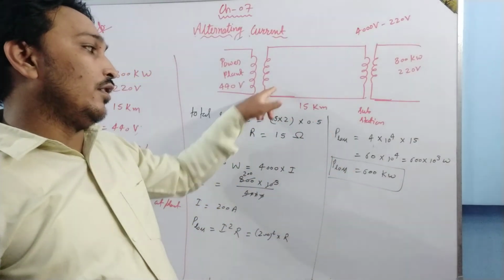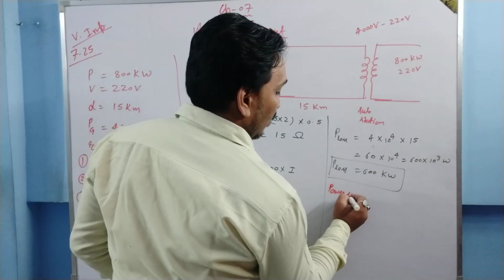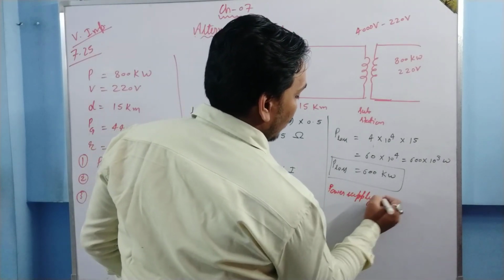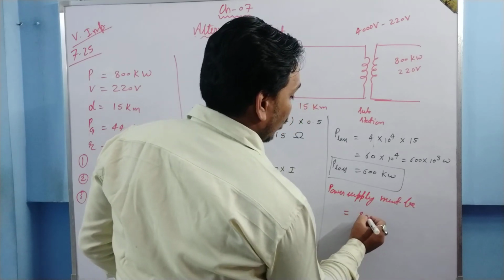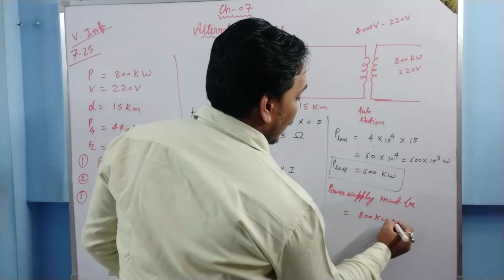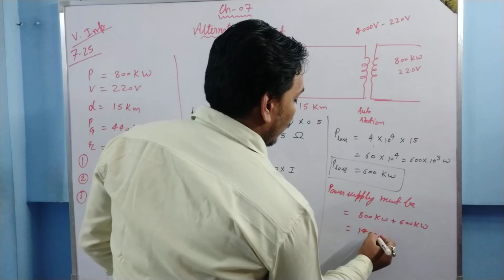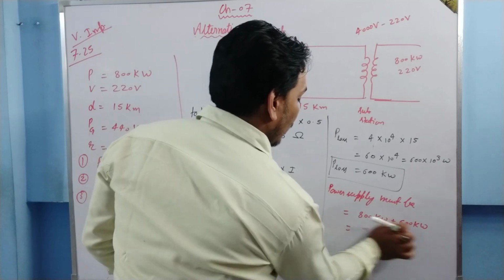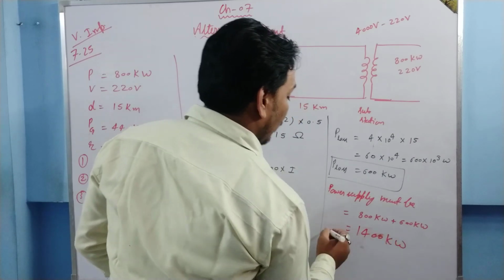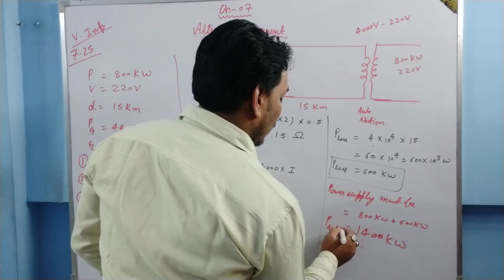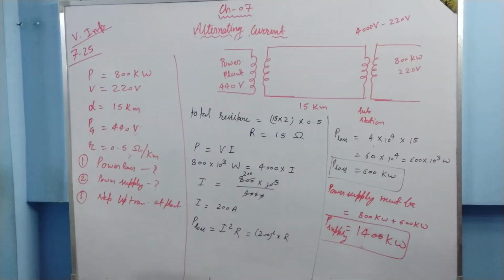So what should the power plant supply? 800 kilowatt is the need and 600 kilowatt is the loss. If we add them, what are we going to have? 1400 kilowatts. So this should be the power supply, which is our second part of the question. What should be the power supply?